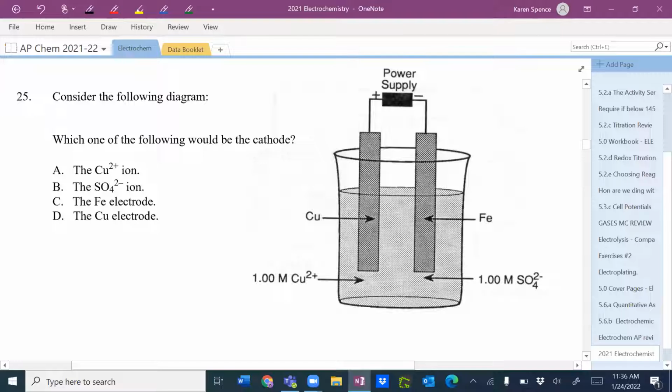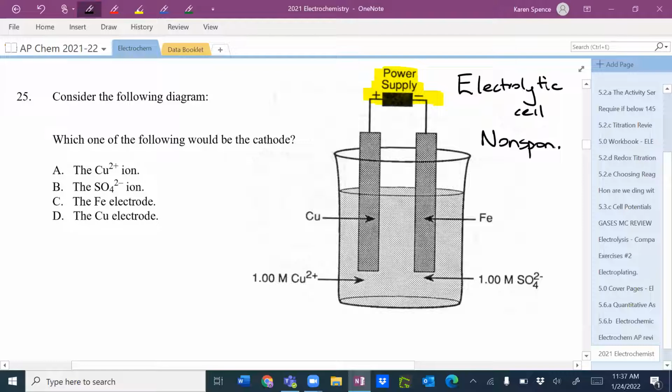All right, so which of the following would be the cathode? And once again, this is where we have a power supply. So that means this is not a galvanic cell or voltaic cell. It is an electrolytic cell. Therefore, it is non-spontaneous.